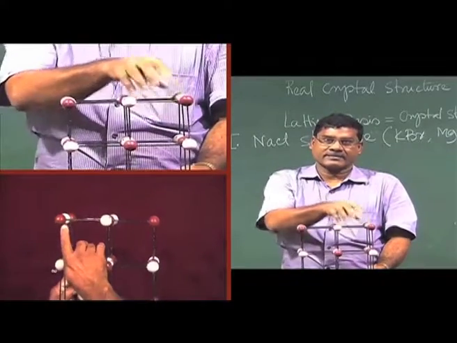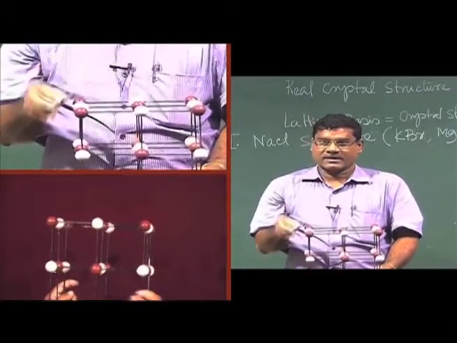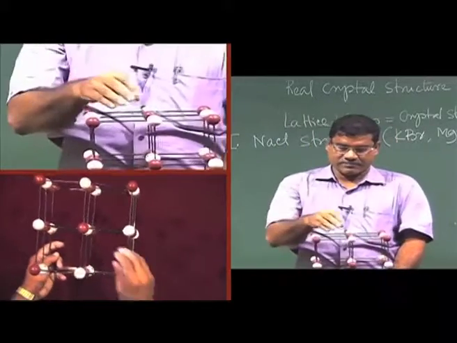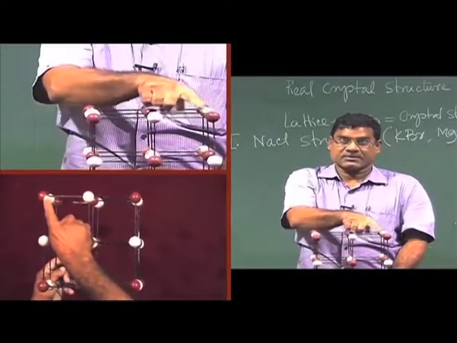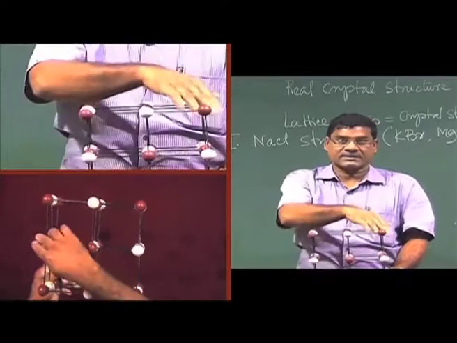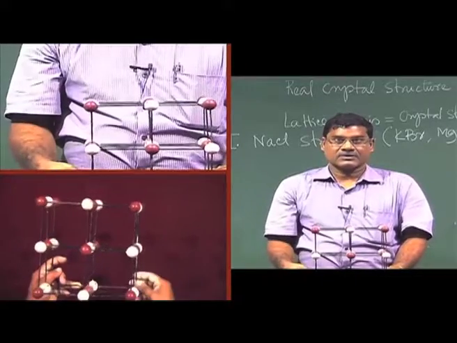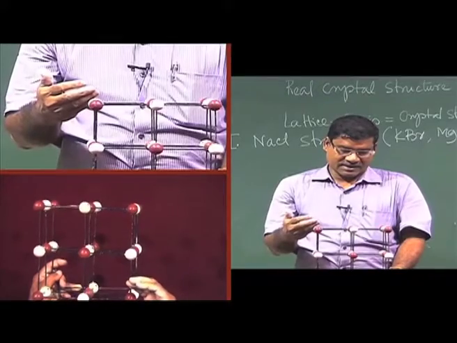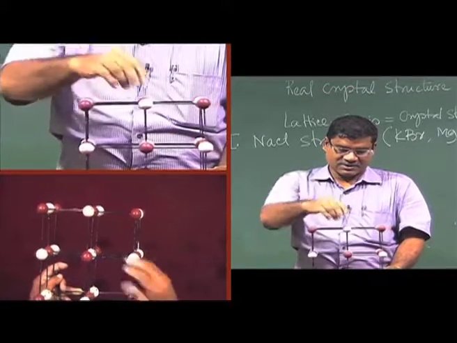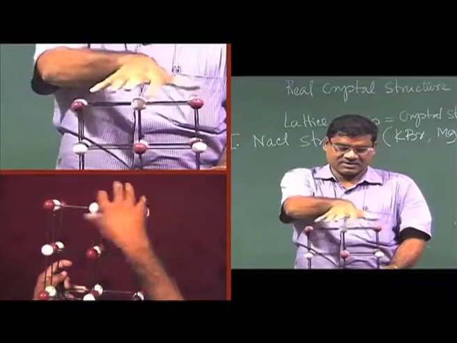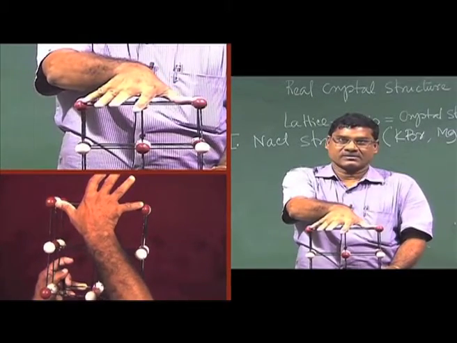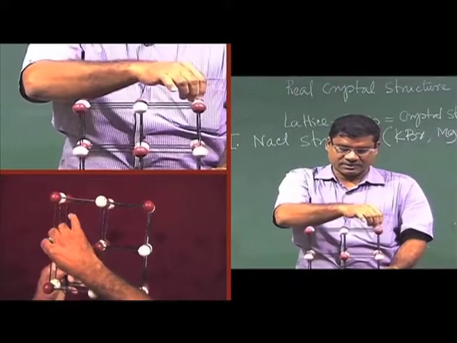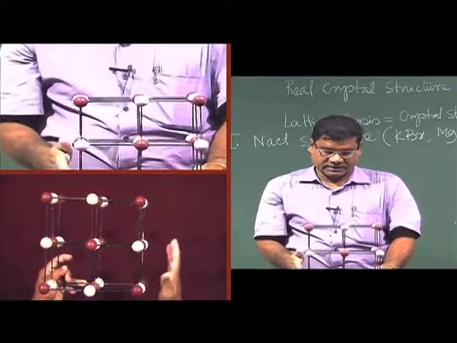then we can add sodium. Whatever white color you are seeing, the white ball, you can take as a sodium position. Here you can see that a sodium sits between two chlorine, one sodium between 2 chlorine.